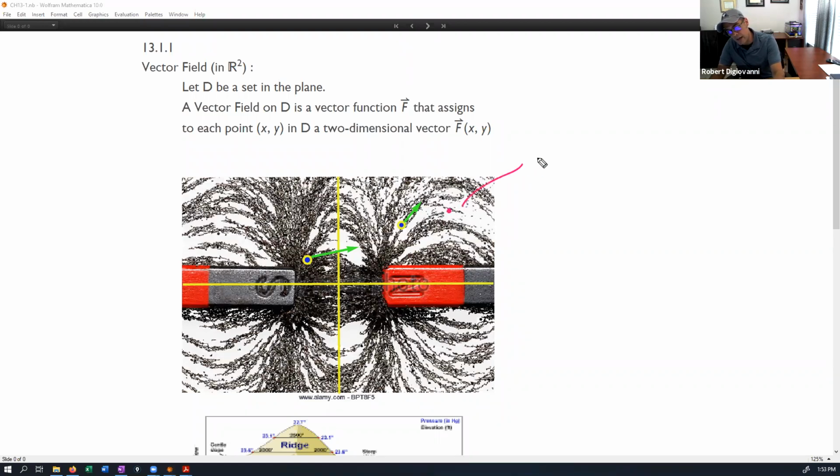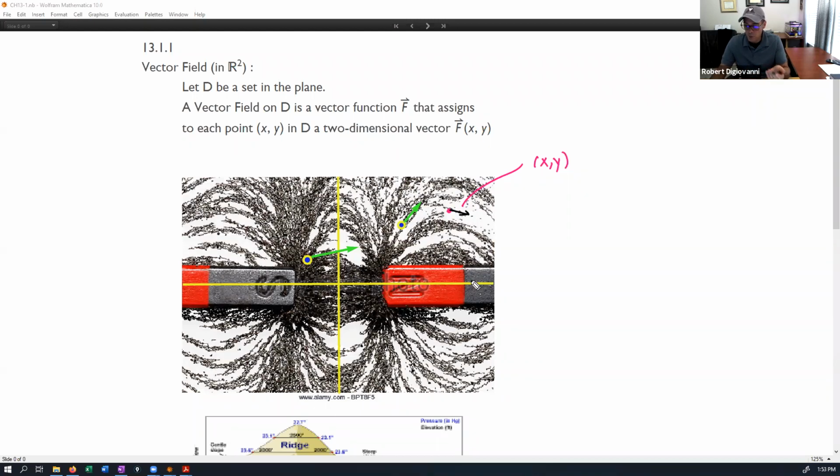That point has some x and y coordinate, right? The x and y coordinate is just the position of that point. The vector field is a vector that is being assigned to that point that points in some direction and has some length. So maybe the vector that's assigned to that point would look like, I don't know, like this.